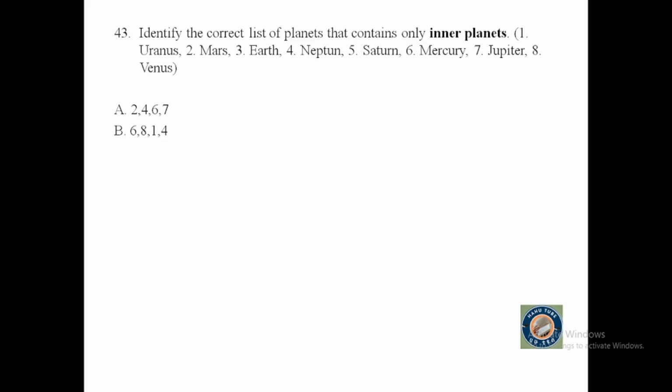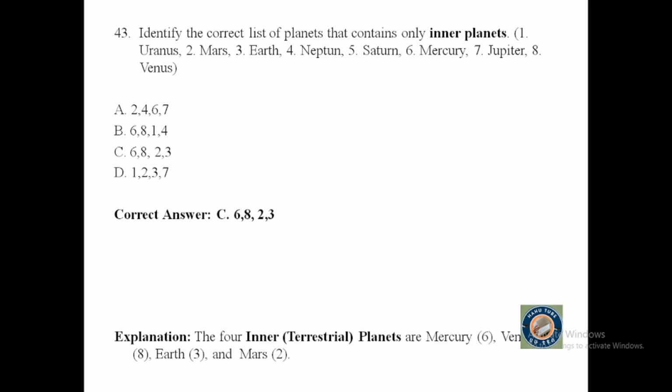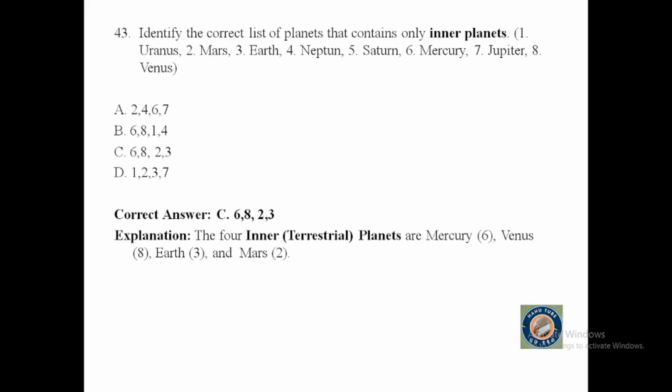B. 6, 8, 1, 4. C. 6, 8, 2, 3. D. 1, 2, 3, 7. The answer is 6, 8, 2, 3. The 4 inner or terrestrial planets are Mercury, Venus, Earth and Mars.